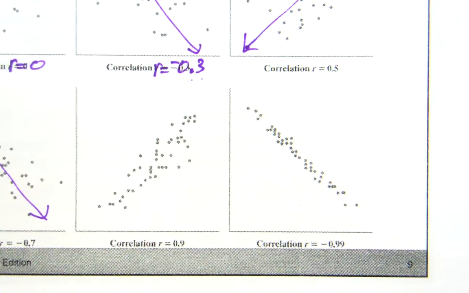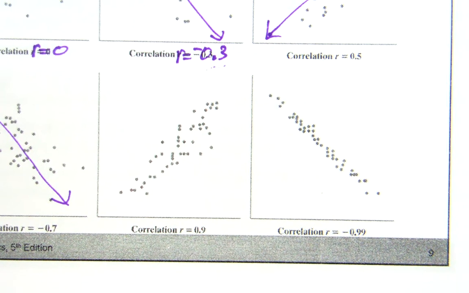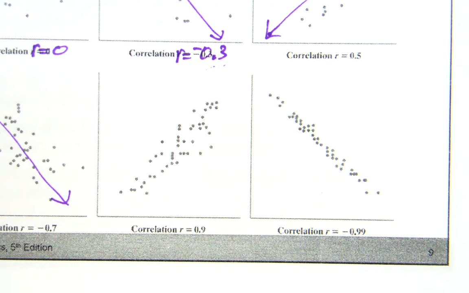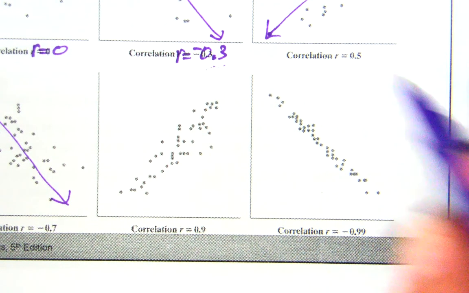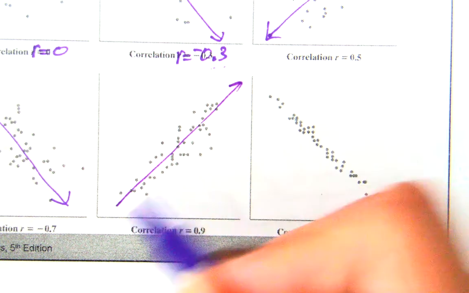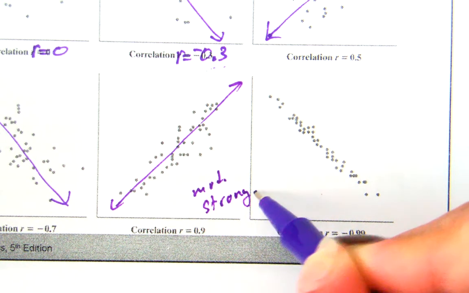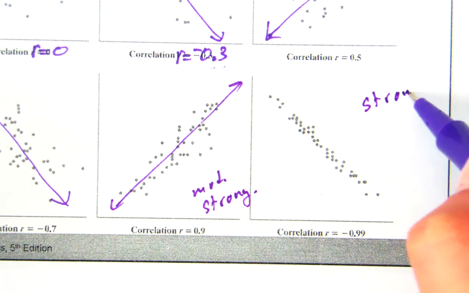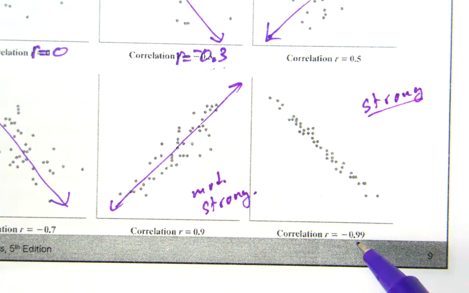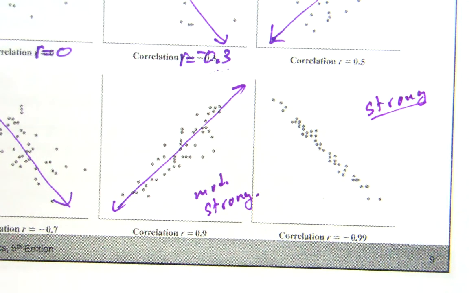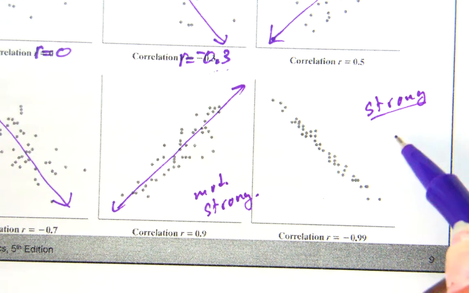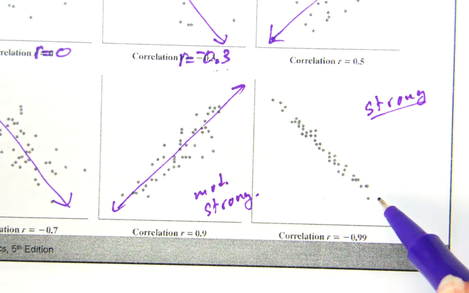And then the last two are when you really start to see what it's supposed to look like when the association is really strong. So this would be moderately strong, and then this would be strong. Anytime you get something close to 0.999 or 0.99, negative or positive, it doesn't really matter, you have a pretty strong association between the data.